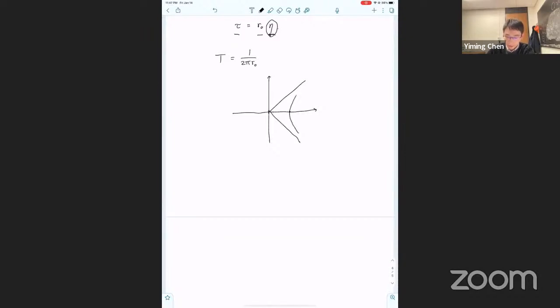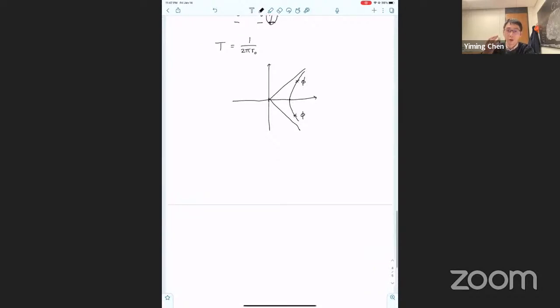So let's say the observer travels along this line, and measures the 2-point function of scalar field phi at this point and the scalar field phi at that point, okay? What I will argue is that this 2-point function takes a form that looks like a 2-point function in a thermal state, and the way that this 2-point function decays matches this temperature. So let me tell you how to show that.